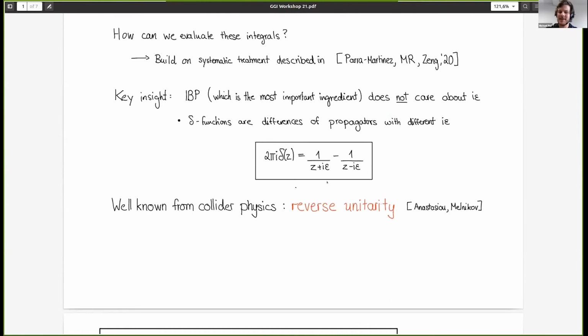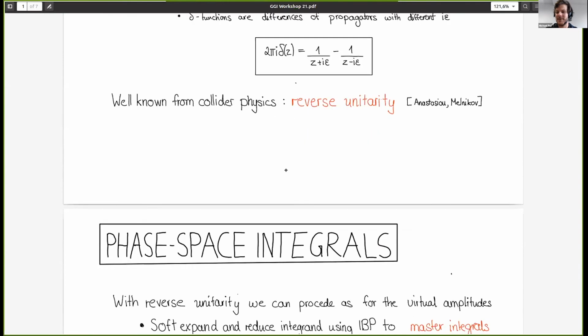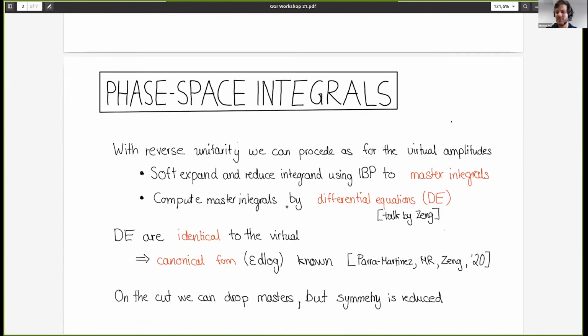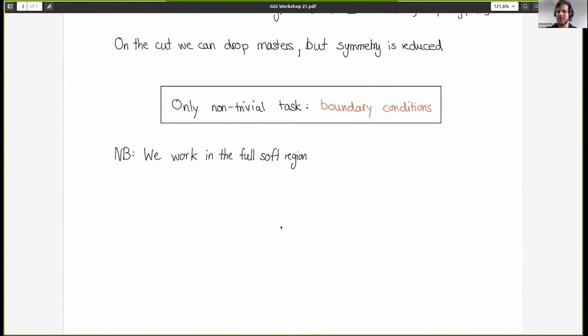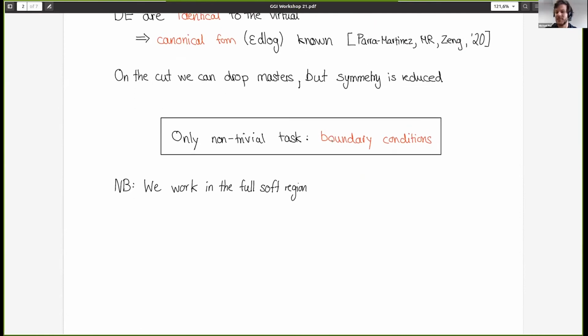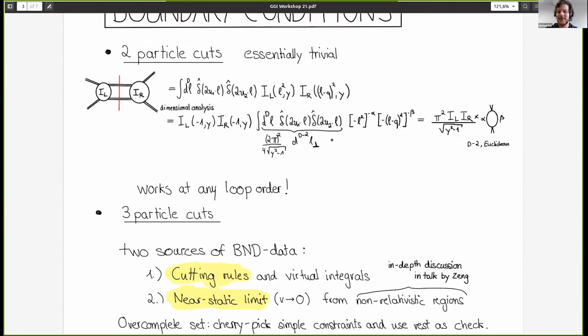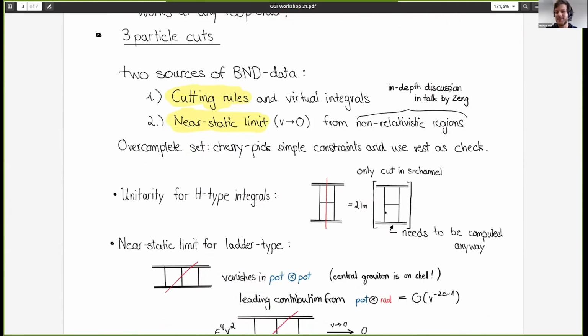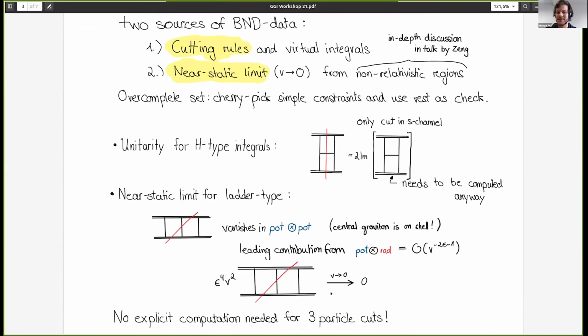In any case, you could also add the theta function, keep it always, and then just take care of it. The only point where you really need it is for the computation of the boundary conditions, and for the boundary conditions we use unitarity again. So there is a theta function, and this only depends on the scaling, and the scaling is independent of the theta function. Okay.